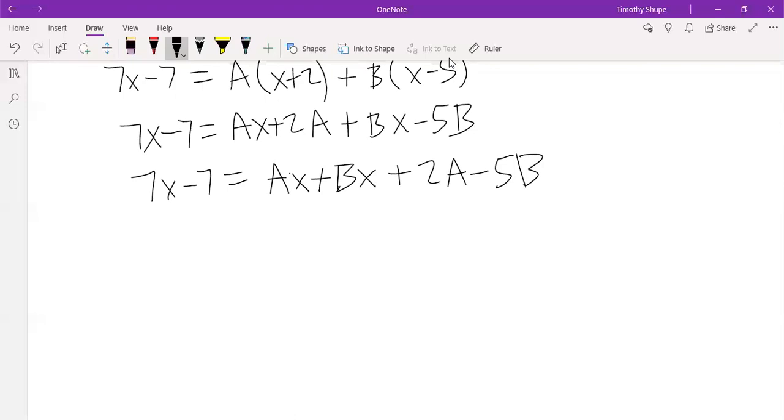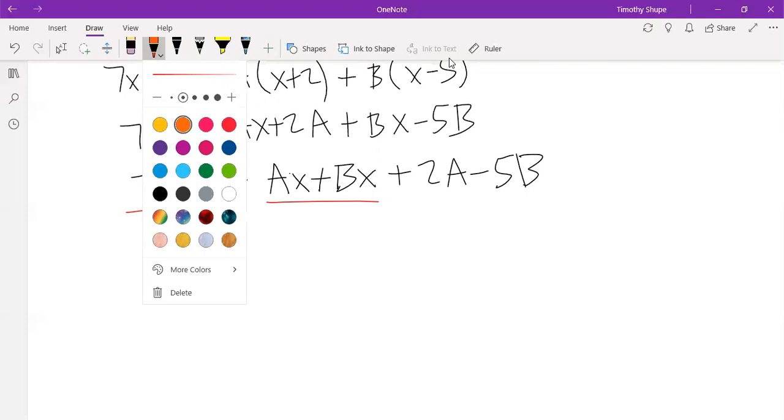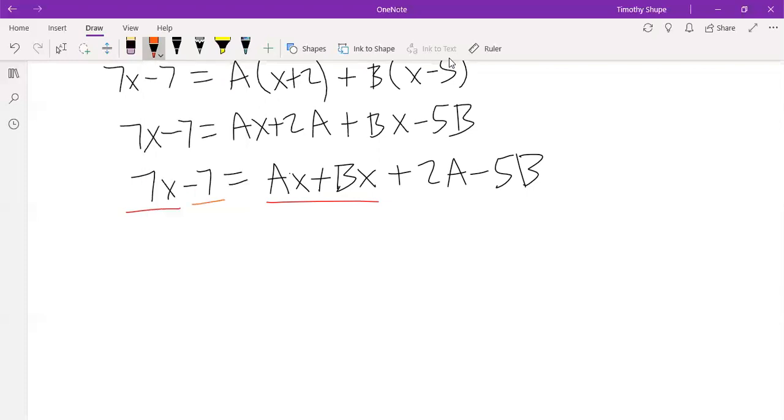Looking at these, the 7x term is some combination of the ax and the bx, and the negative 7 is a combination of the 2a minus 5b. So if I add the ax plus bx, that should give us 7x, and 2a minus 5b should give us negative 7.